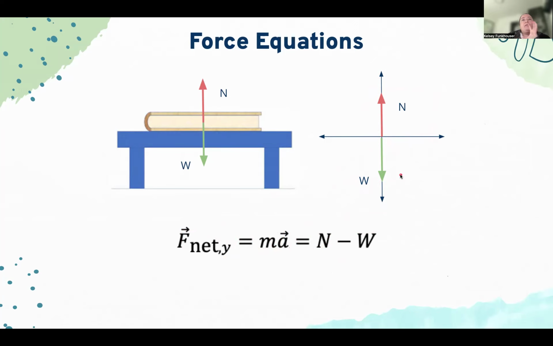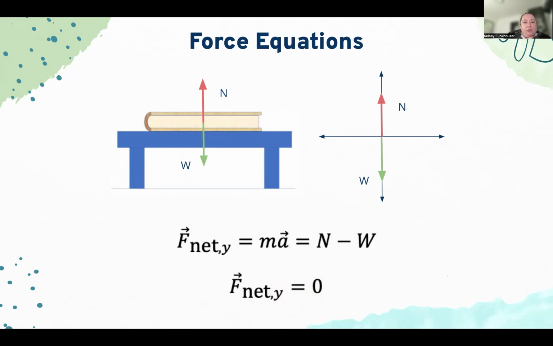So that's the net force in y. And in x, because there aren't any forces, oh, sorry, that one's supposed to be x. Got y there instead. But the net force in x is 0 because there's no forces acting in x.